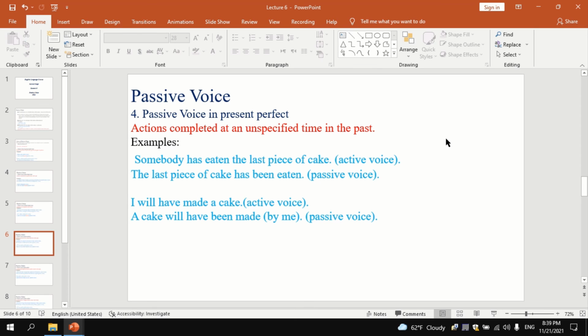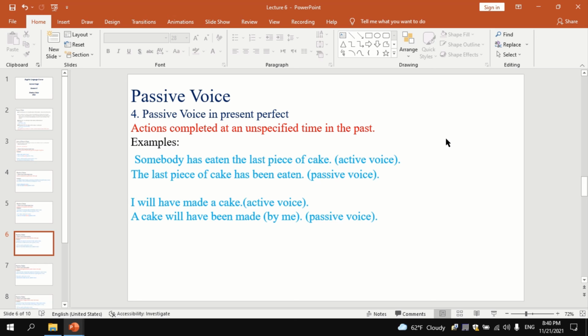As we've said, the present perfect is has or have plus past participle. This is the form of it. In active voice, somebody has eaten the last piece of cake. To make it passive voice, the last piece of cake has been eaten.